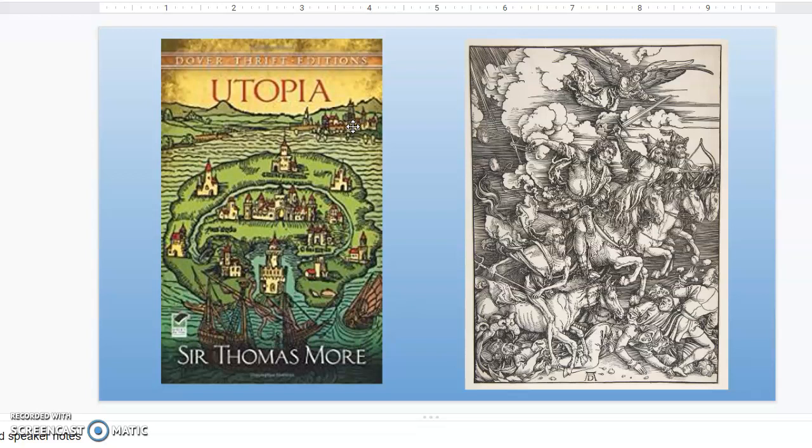We have looked at a brief overview of the ancient world, the First Age of Man, and a brief overview of the medieval world, or the Middle Ages, the Second Age of Man. We're using this Italian and Northern European Renaissance as the hinge, the event that marks the break from the Middle Ages to the modern age.